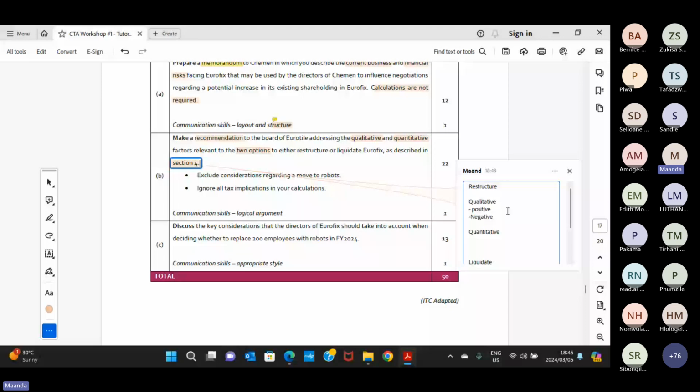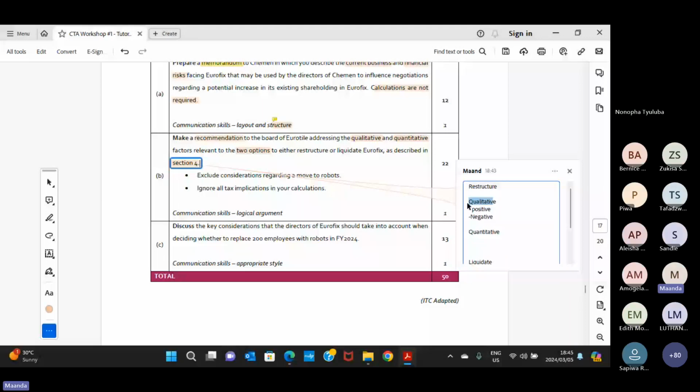So you have to, one, touch on the restructuring. What am I touching on when I'm discussing restructuring? I'm touching on the qualitative, and in the qualitative I'm going to discuss, okay, maybe this is the good thing about it, or maybe this might be an issue when it comes to restructuring. Then I come and touch on the quantitative.